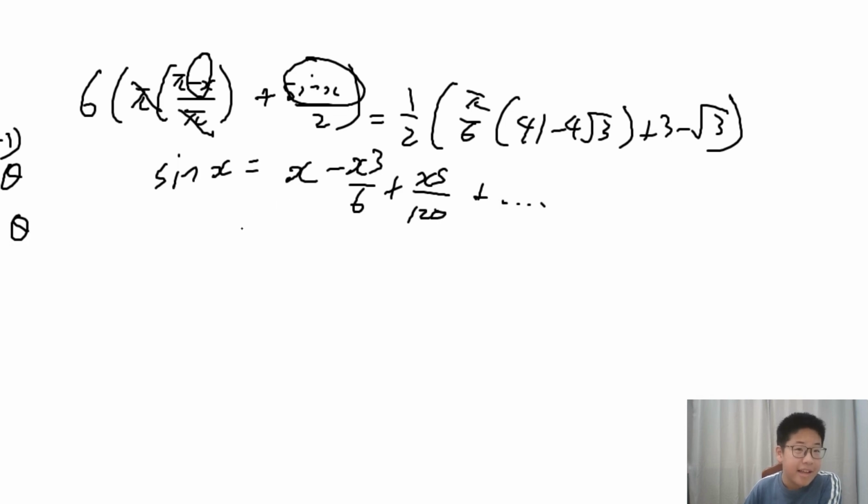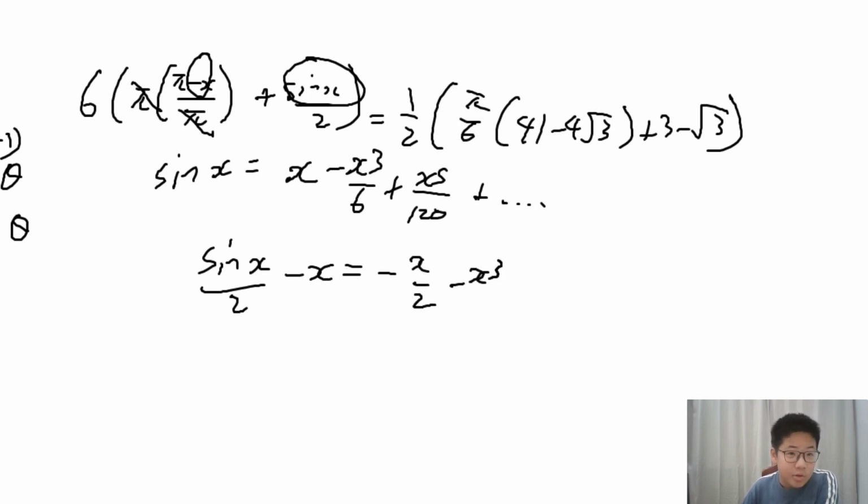And then sine X over 2 minus X equals 2 minus X over 2 minus X cubed over 12 plus and so on. As you can see, there is not going to be a repeat solution because this X to the 5 will cancel things out, and so therefore make it increasing. So therefore we have solved our dilemma, and thank you and see you in another MAT video.